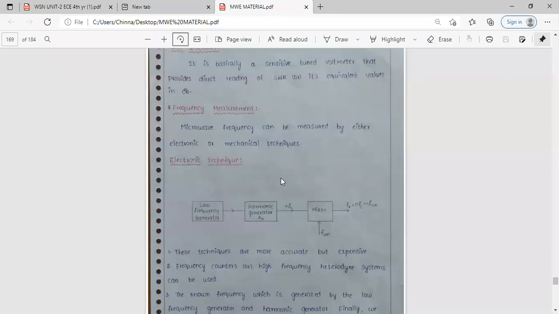Frequency can be measured by either electronic or mechanical techniques. So the first one is the electronic technique.